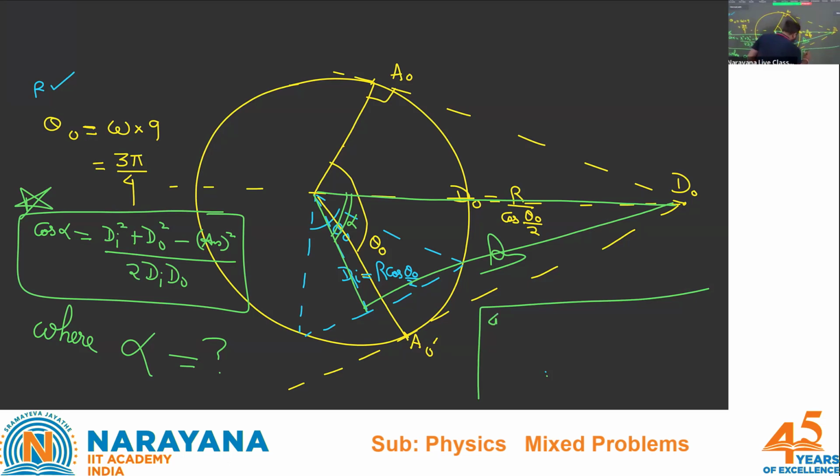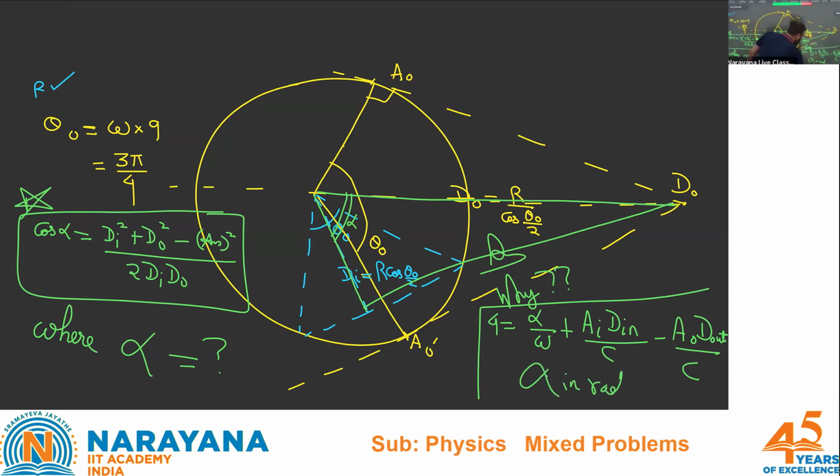So 4 seconds is alpha upon omega plus the distance of AI with d in, AI d in upon c minus a naught d out divided by c. Why? If this is justified, and angle here is in radians, alpha in radians, then we can find out the result.